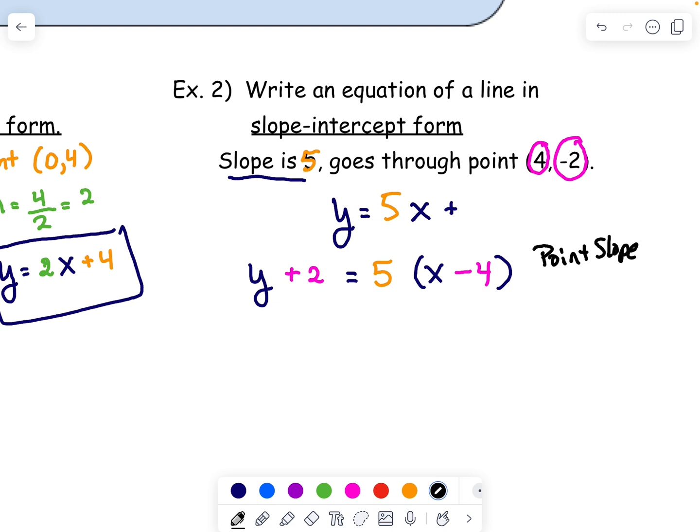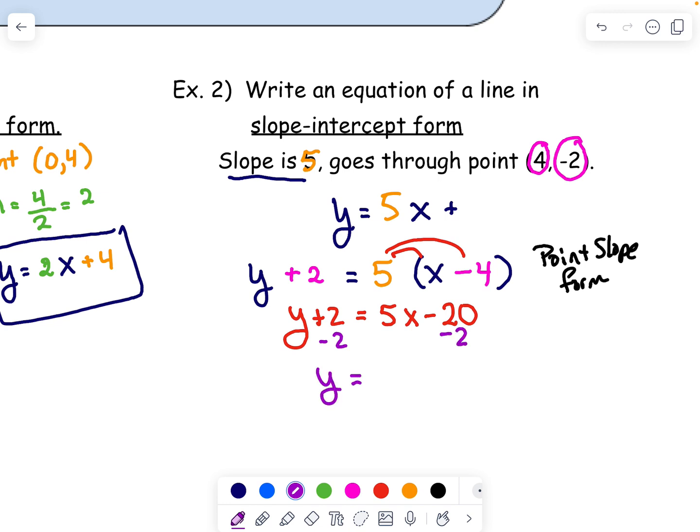Point-slope form. Okay, but we need slope-intercept form, which is y alone. So let's manipulate it a little using algebra. Almost there. We need to get that y alone. So subtract 2, and we get y equals 5x minus 22.